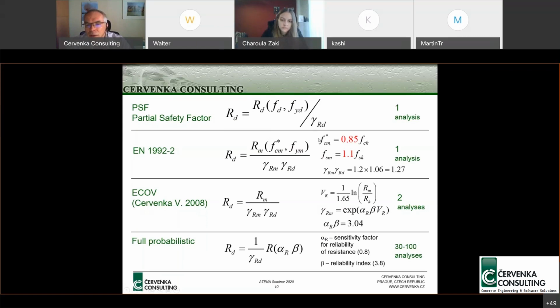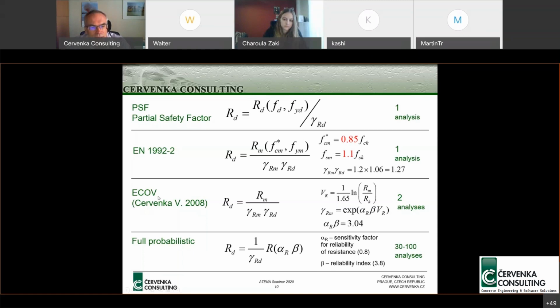But for concrete, we have mean strength somehow reduced to take into account the fact that concrete has much higher uncertainty than steel. And then this gives us some global safety factor 1.27. So this approach can also be used.